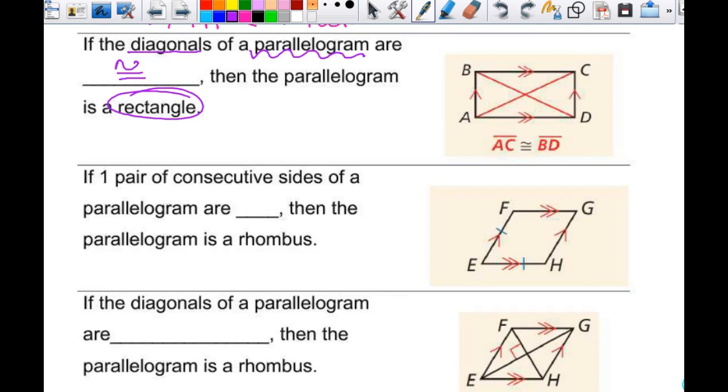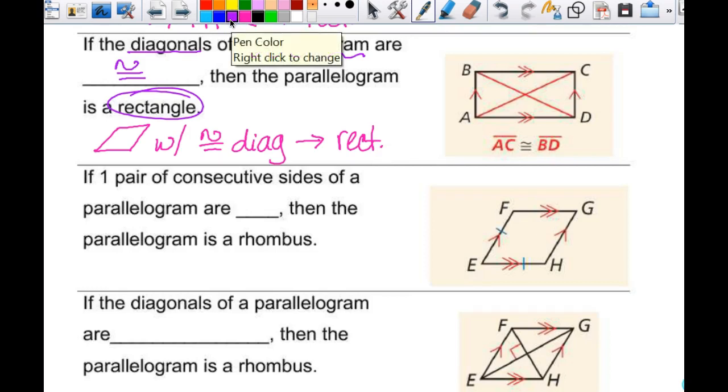So we have a parallelogram with congruent diagonals, or with the diagonals congruent, doesn't matter which way you say it, then it is a rectangle. We good with that?